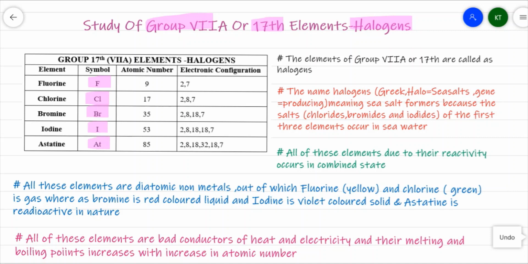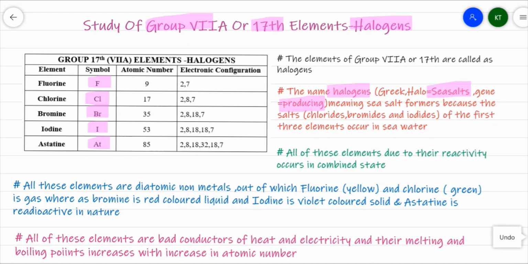Out of these, astatine is radioactive. So the first question: why do we call these elements halogens? In Greek, halos means sea salt and geni means producing.